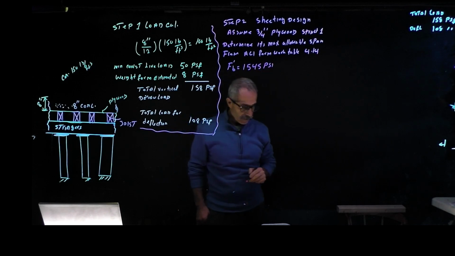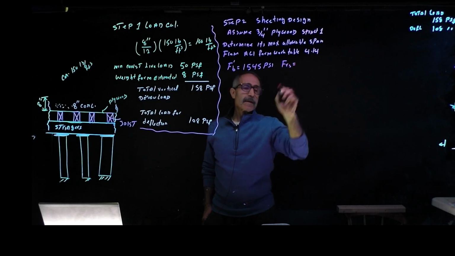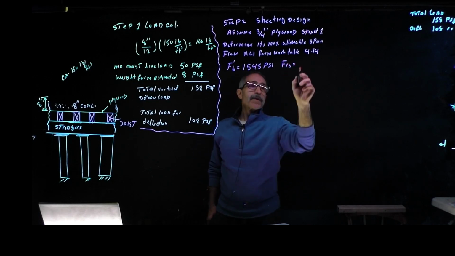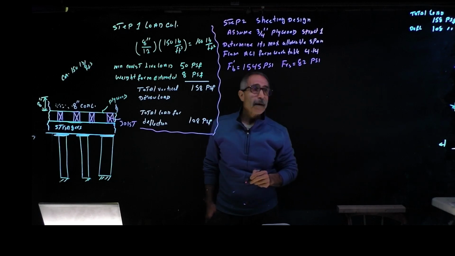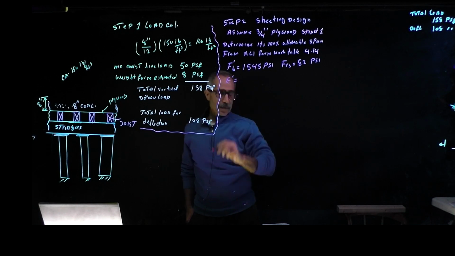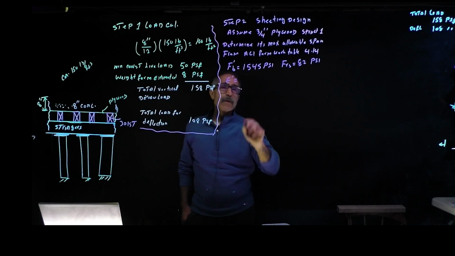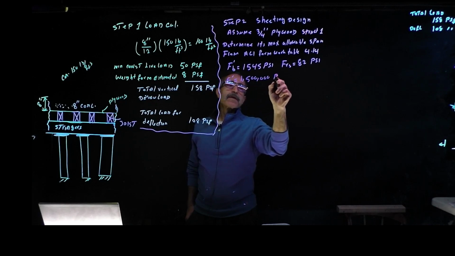The rolling shear is 82 psi. E prime is 1,500,000 psi.